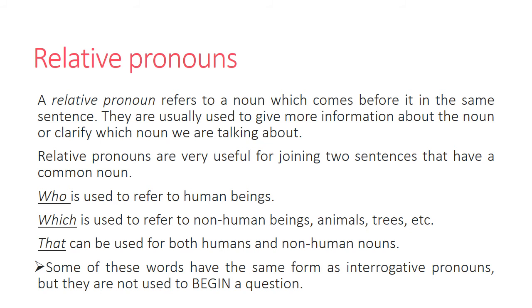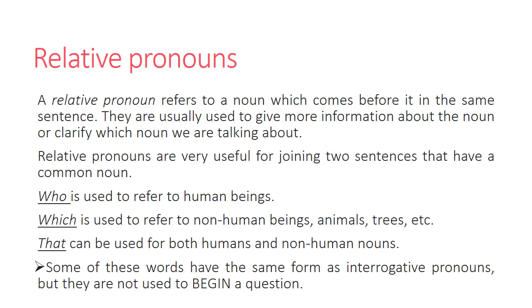Now, generally, there are some rules which you should note. The relative pronoun who is used to refer to human beings. The relative pronoun which is used to refer to non human beings, animals, trees, etc. The relative pronoun that can be used for both humans and non human nouns. Now remember, some of these words have the same form as interrogative pronouns.